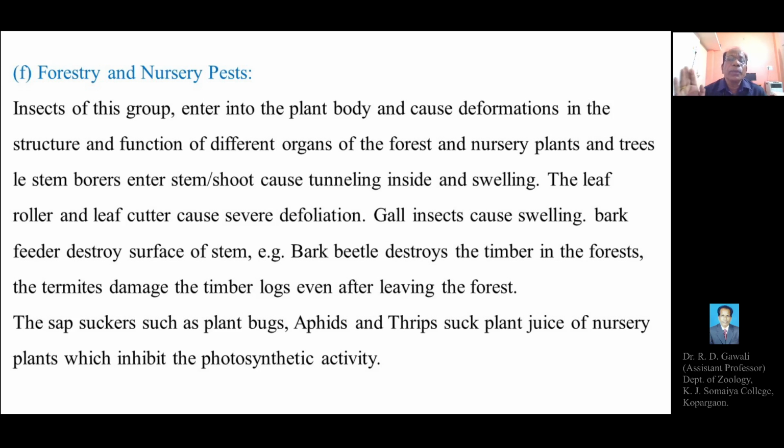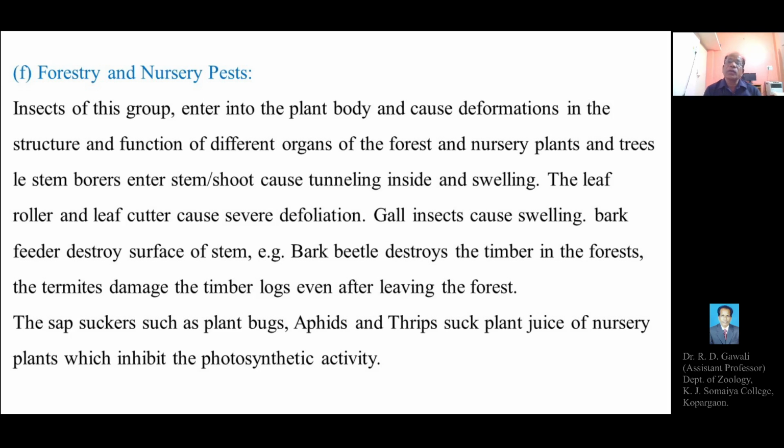Then different types of stem borers enter the stem and shoot and cause tunneling or burrowing inside and even cause swelling of the plant surface or the stem surface. The leaf roller and leaf cutters are either insects or their larvae, which cause severe defoliation.